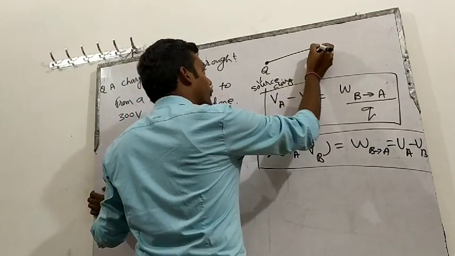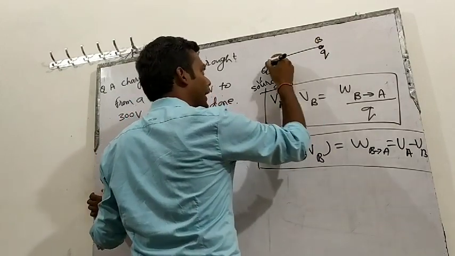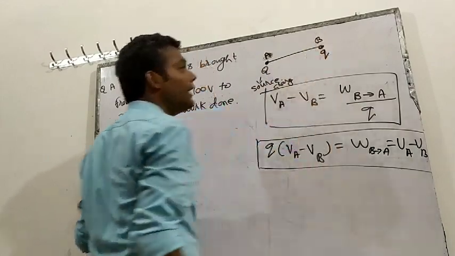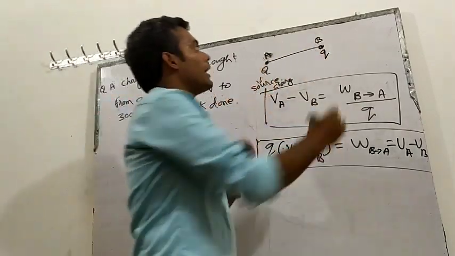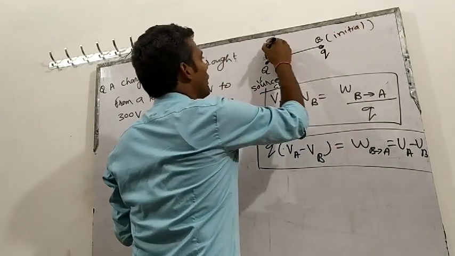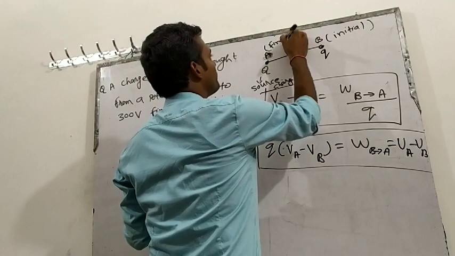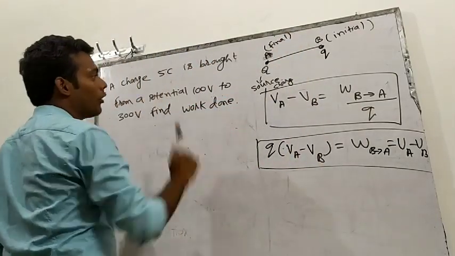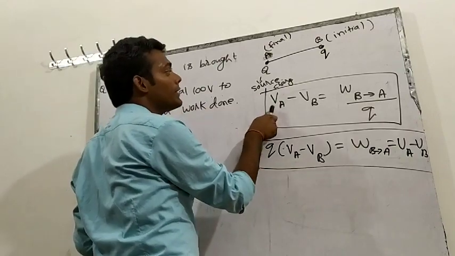So work done is moving from B to A. So this point was A and this point was B. So B is our initial point and A is our final point. So this is final potential.